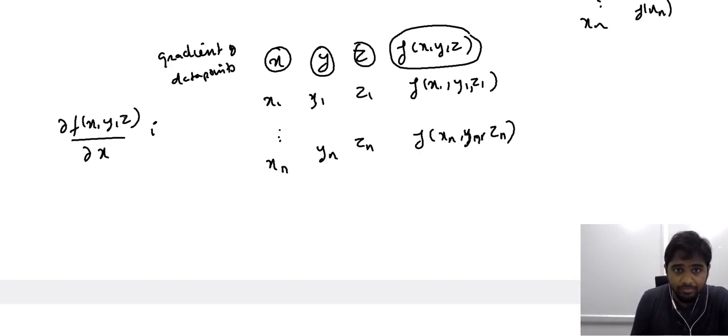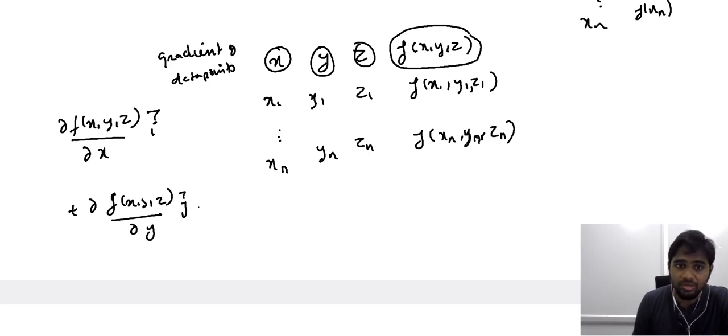We consider the partial derivative of the function with respect to one of the variables and associate it to one of the orthonormal bases. And we do it for the second independent variable, that is the partial derivative with respect to y, and we associate it to the next orthonormal basis.